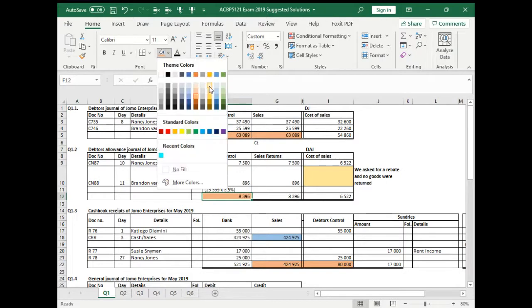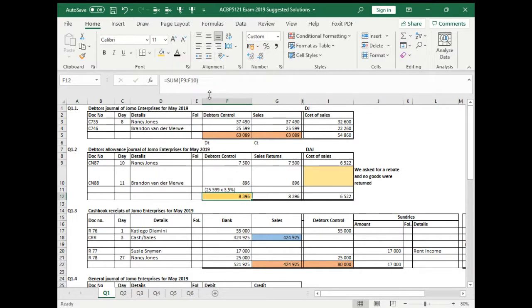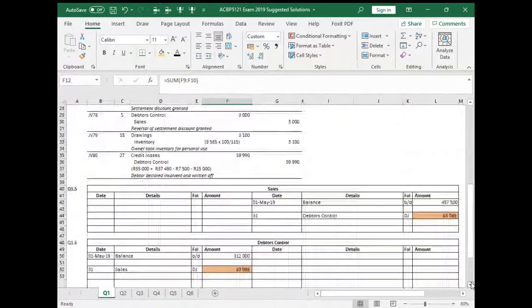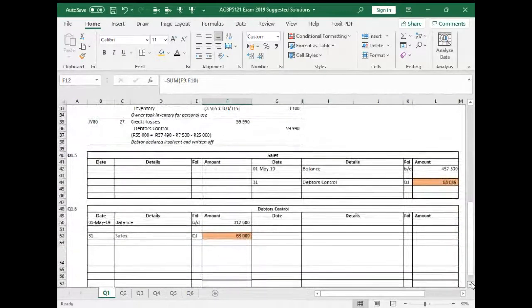I'm just going to change this color just so that when we do the general ledger account, you can see where the balance is coming from. So we're only going to take the debtors control column from our debtors allowances and go capture it in your debtors control general ledger. Now, if I return goods, will it increase or decrease my debtors control account?